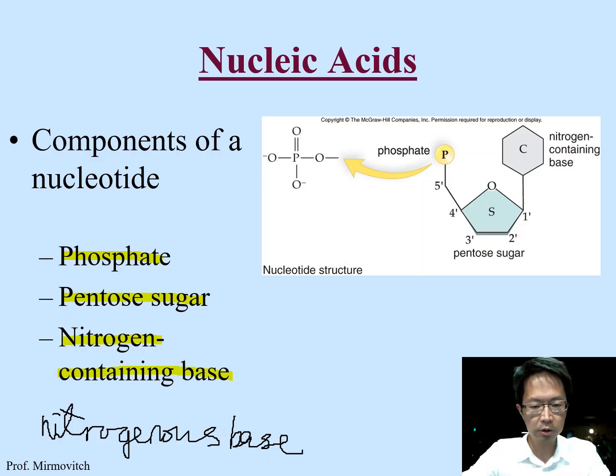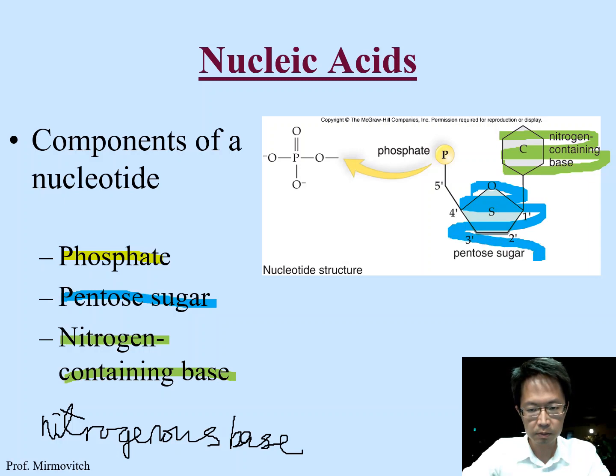Well, let me color code them, then it will be easier for you to see. The nitrogenous base is here. The pentose sugar is this one here. Last but not least, the phosphate group is here.